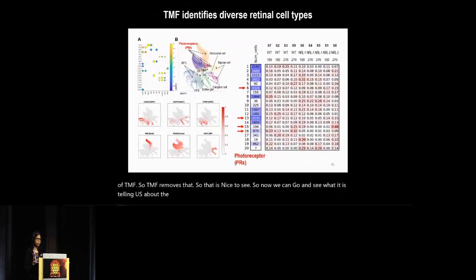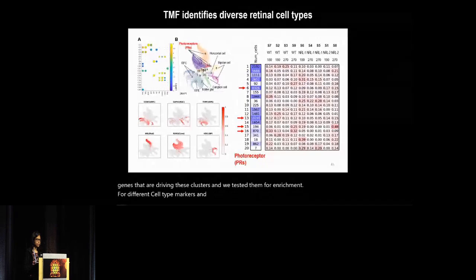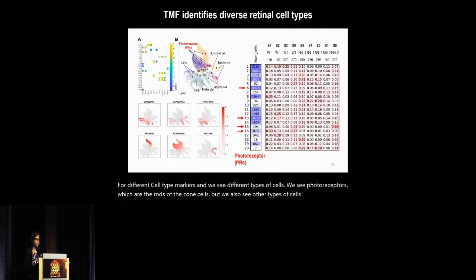Here we looked at the clusters and found genes that are driving these clusters, and we tested them for enrichment for different cell type markers. We see different types of cells. We see photoreceptors, which are the rod cells and the cone cells, but we also see other types of cells. So these retinal organoids are quite diverse in terms of the different cell types.